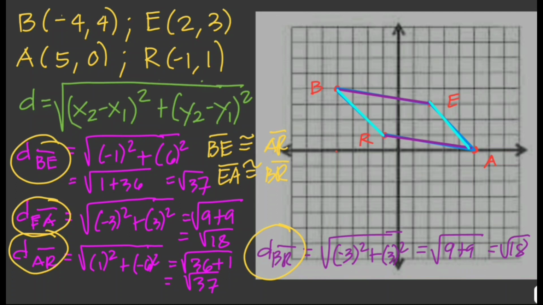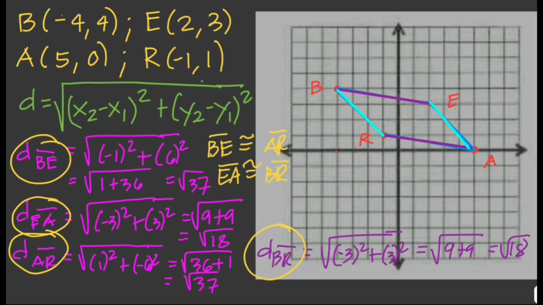Okay, so now we have proven that the two opposite sides are parallel, and they are also equal. So going back to the properties of quadrilaterals, the types of quadrilaterals that have these properties are the parallelogram and rectangle.